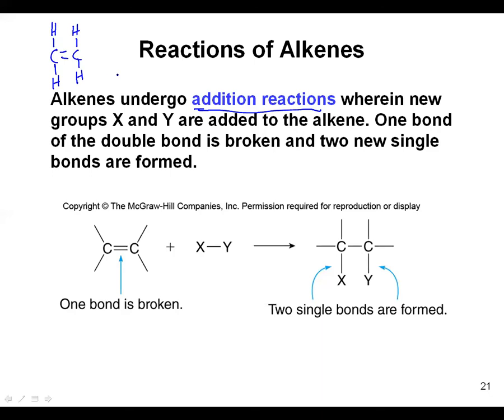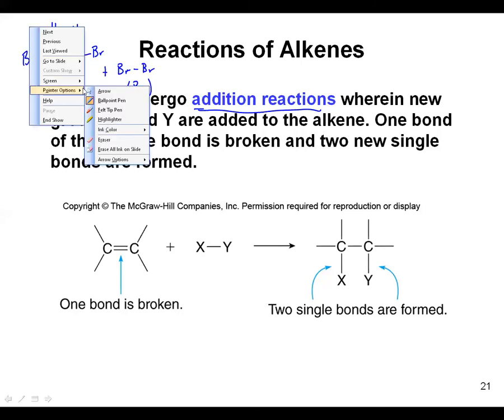So for example, if we added Br2, which would be 2 of these, right? Now, in an addition reaction, there's always a thing that happens. So for example, if I wanted to put a bromine onto each of the carbons, which is what's going to happen, and if I just throw the bromine on just like this without doing anything else, the one thing that you should hopefully be able to see at this point is each of these carbons now have 1, 2, 3, 4, and 5 bonds, which is way too many bonds for carbon.